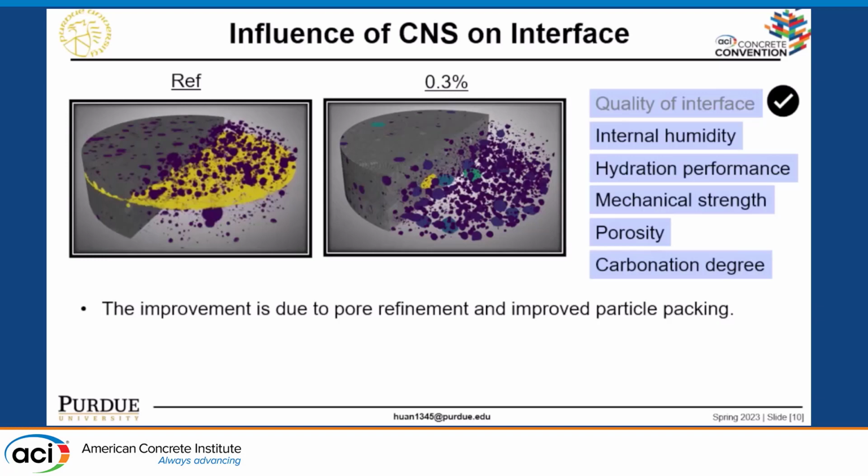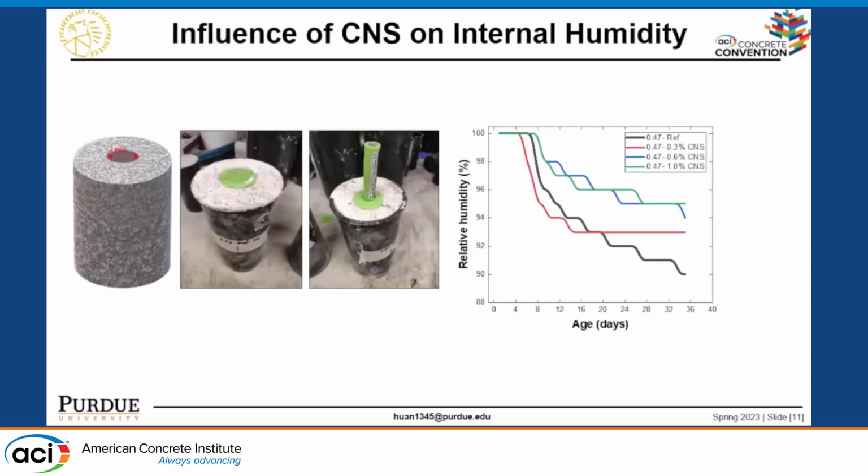Then we move on to the internal humidity, because the saturation of the concrete sample is also important. It is related to the carbonation intensity. What we did was design 4x8 concrete cylinders with an embedded humidity sensor. The result indicates that with 0.3, 0.6, or even 1% of colloidal nanosilica, we can increase or maintain the internal humidity, and it was about 5% higher than the reference sample without any CNS.